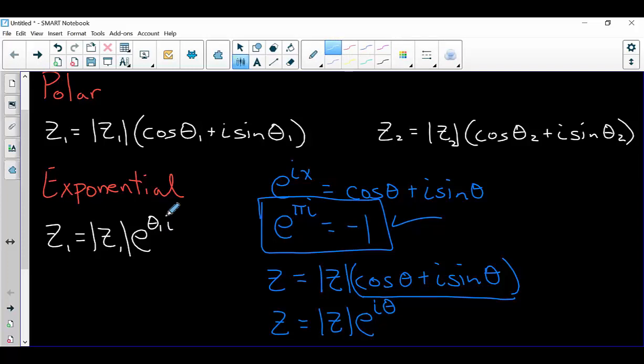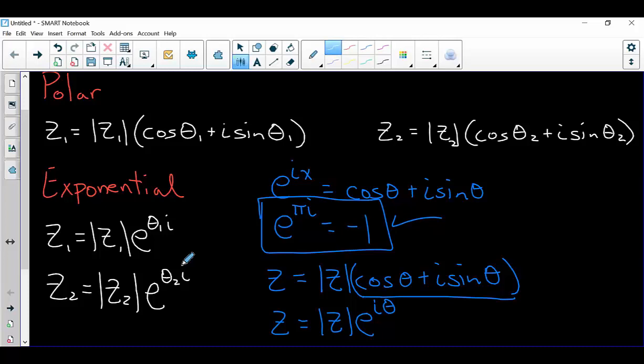And then over here we would have Z2 is equal to the norm of Z2 times e to the theta 2 i, like that. So there are our exponential forms.